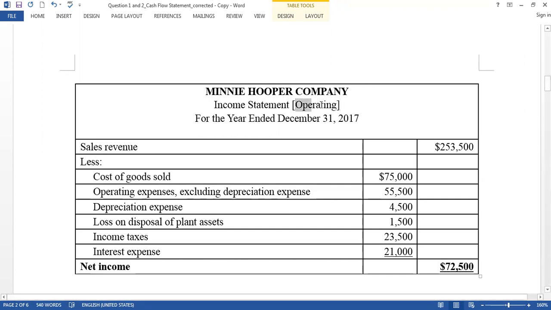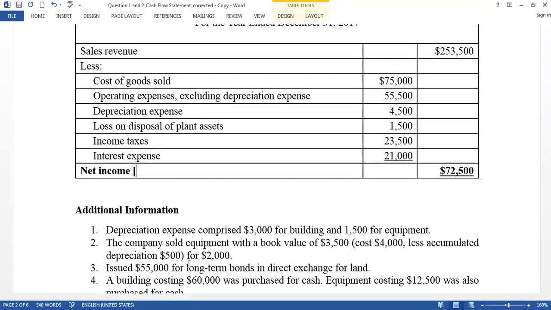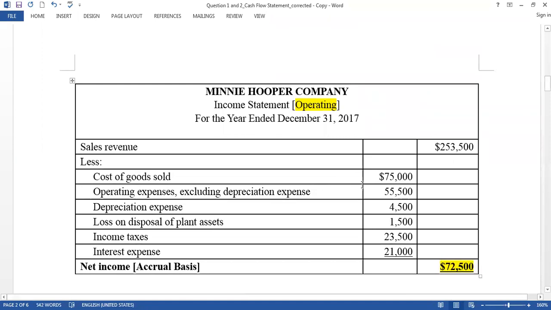And we know that this net income is the accrual basis net income, $72,500. So we have to convert accrual basis net income to the cash basis net income under operating activities.